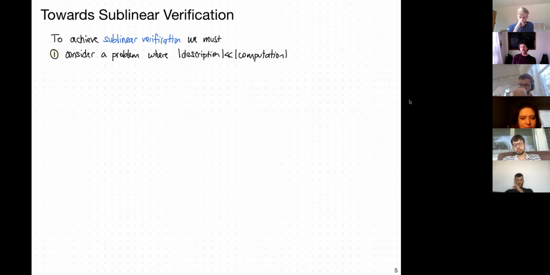So first of all, we have to consider a problem where the size of the description of the object is much smaller than the computation that we want to do regarding this object. And why is that? It means that we need to have some concise representation of the object. Because if, for example, you're giving me a graph with exponentially many vertices, and it is written down in a way that to access the graph, I need to read something of exponential size, then I'm losing before I even started.